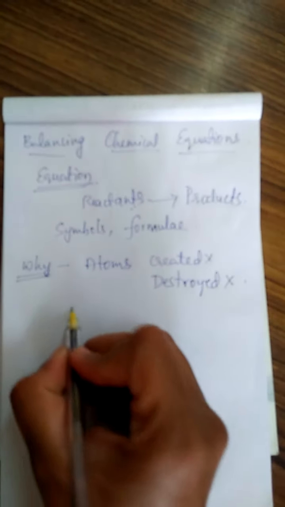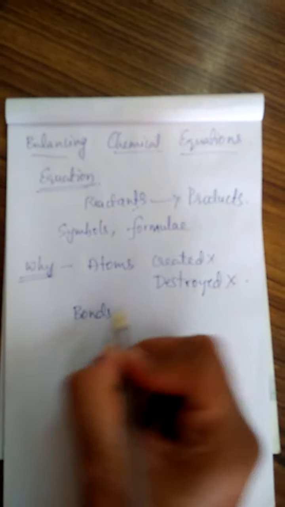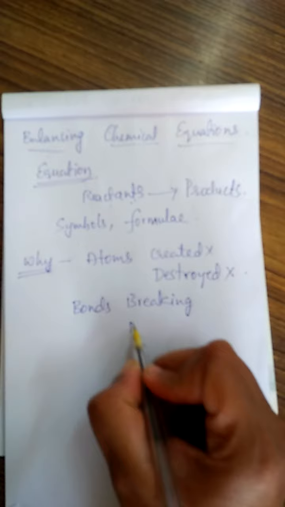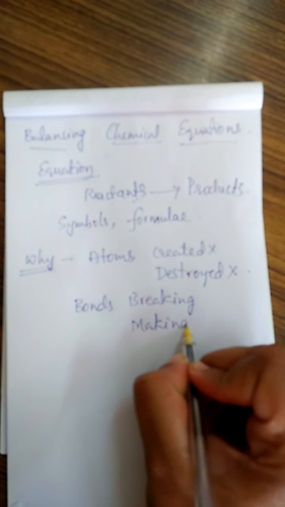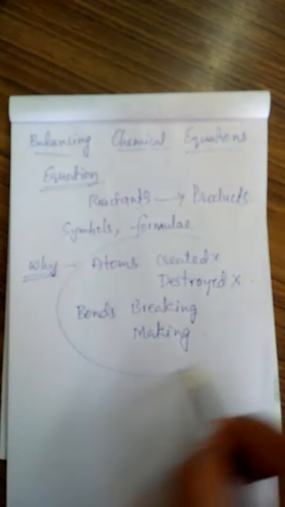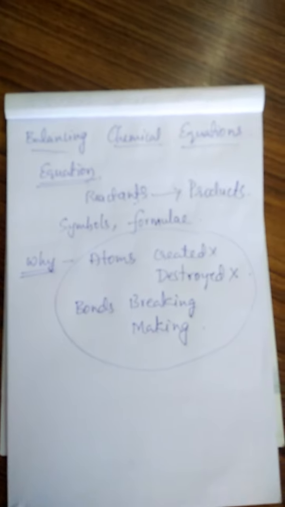What is happening is only that chemical bonds are breaking and making. You can observe the making and breaking of chemical bonds in these chemical equations, but atoms are neither created nor destroyed. This is the reason we balance the chemical equation.